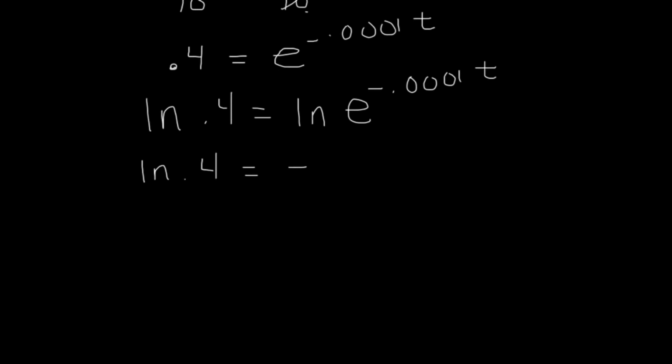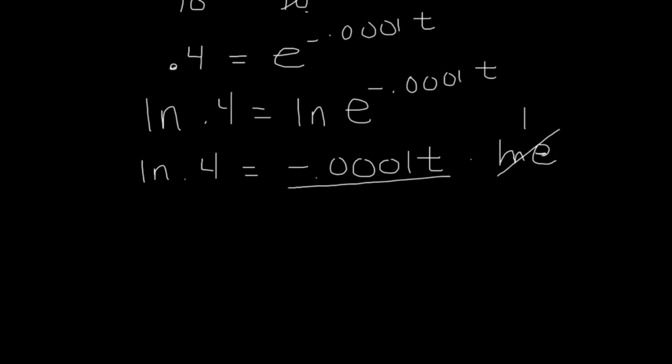On the right hand side I now have negative 0.0001 T times the natural log of E. The natural log of E is just the number 1. So I'll cross it off and just write 1 to remind myself that's what it is.